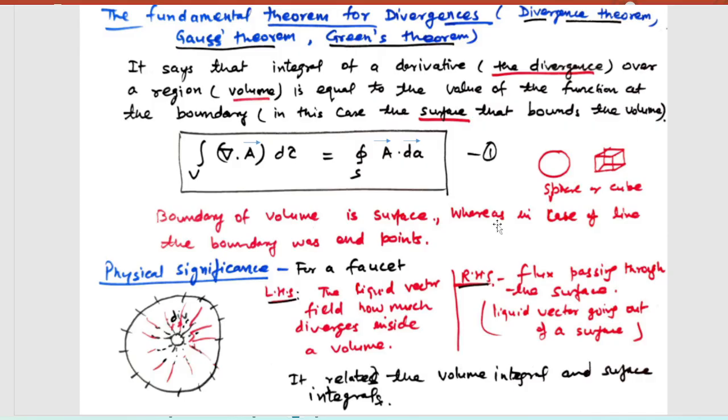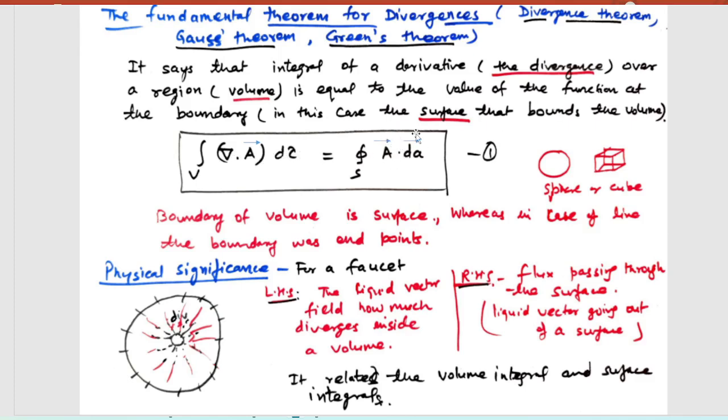Now we move to the fundamental theorem for divergence, also known as the divergence theorem, sometimes Gauss theorem or Green's theorem. It says that the integral of a derivative, here derivative means del dot A, the divergence, because in the fundamental theorem of calculus it was f dash, so here it is del dot A. The volume integral of del dot A d tau equals the value of the function at the boundary.